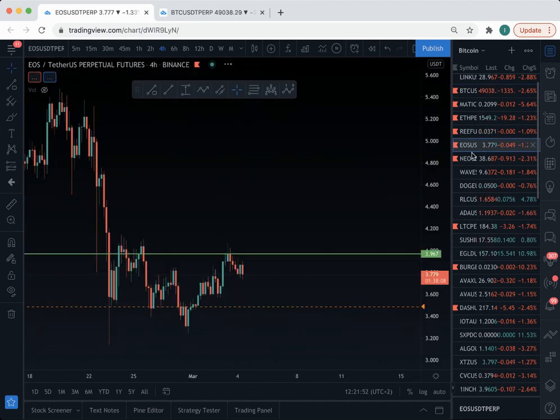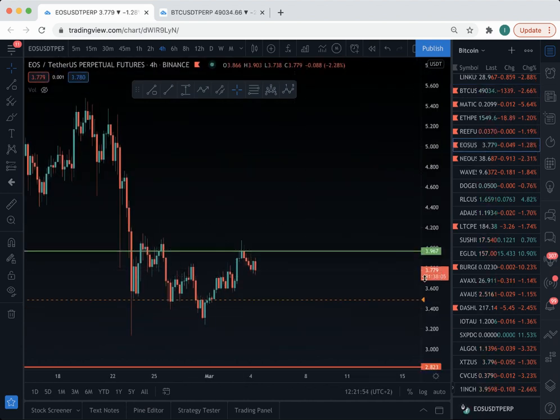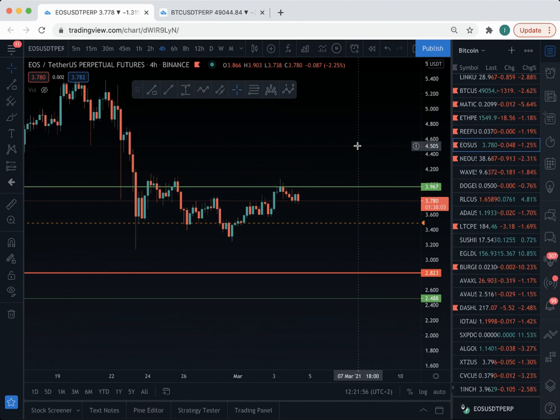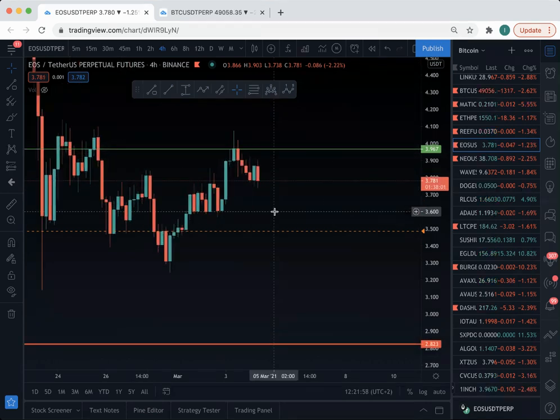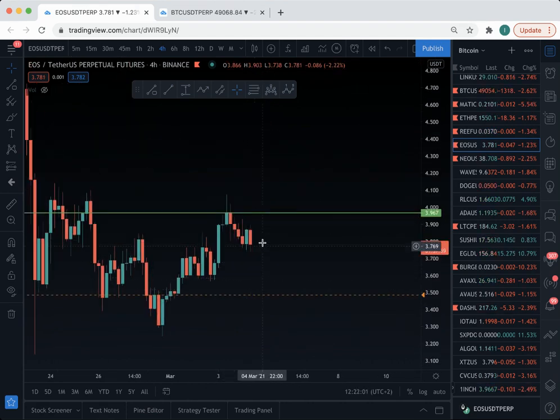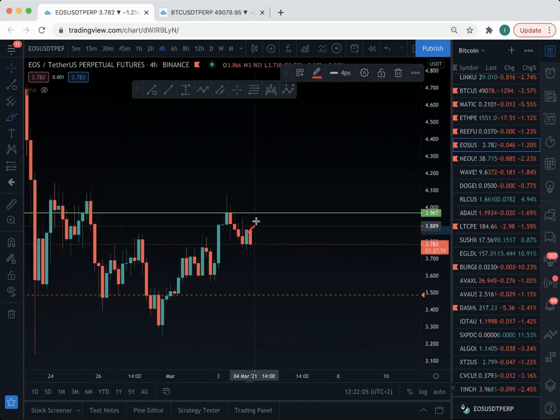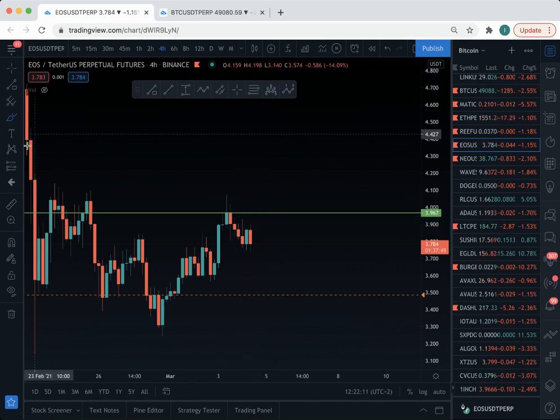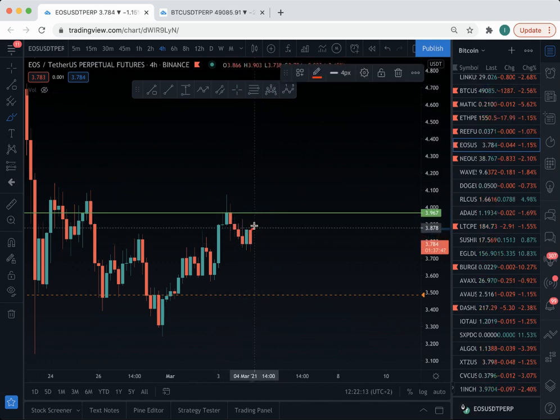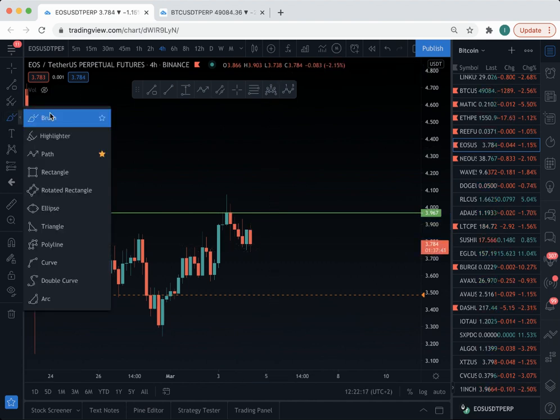Let's see what EOS is doing. Okay, so it looks like EOS tried to retest this level yesterday or earlier this morning, but couldn't. We would need to see a clear retest right here. It didn't retest properly, but in order to see a breakout or a breakdown, we would need to see a clear retest.